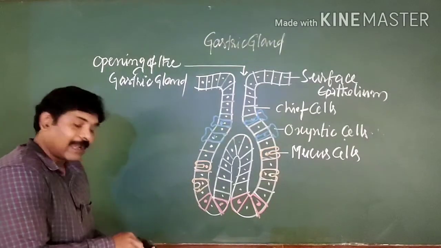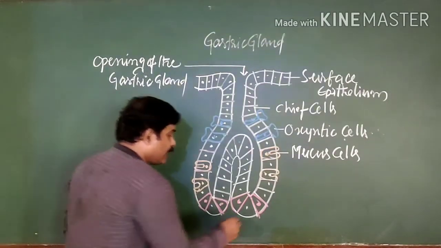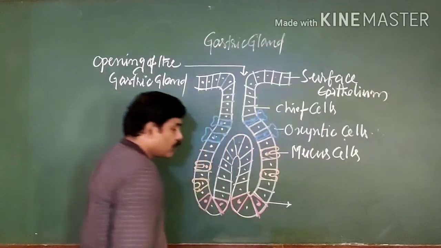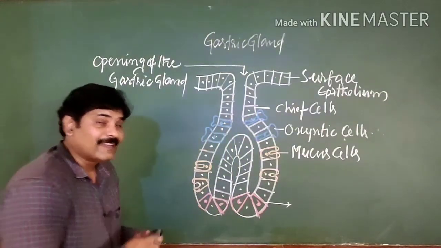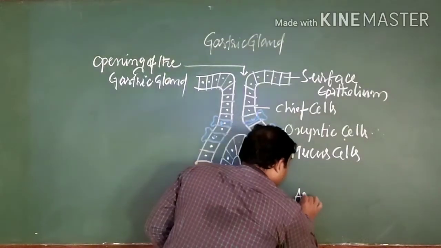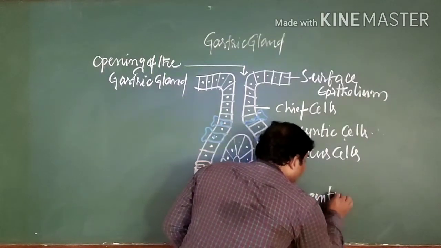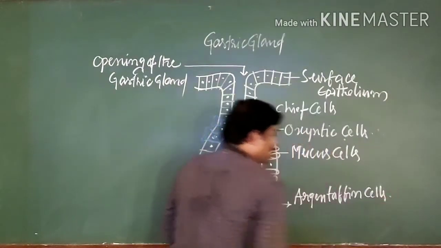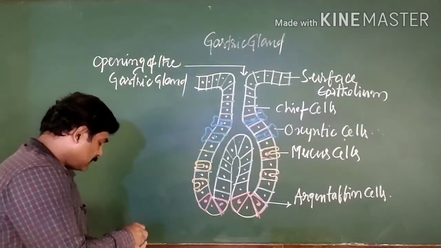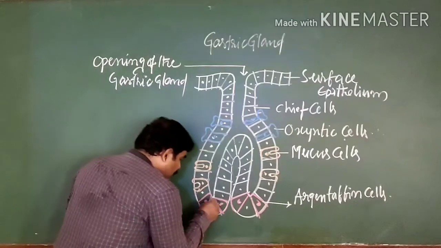At the bottom of the gland or the base of the gland, you can find a kind of endocrine cell, and the name of this endocrine cell is argentaffin cells. Argentaffin cells. Clear? And there you can see one more important cell also present here.